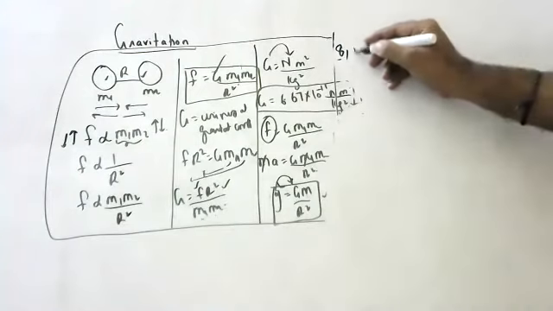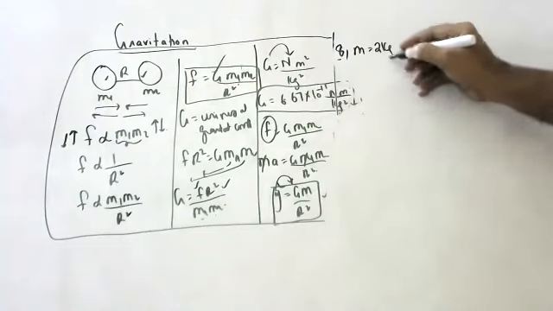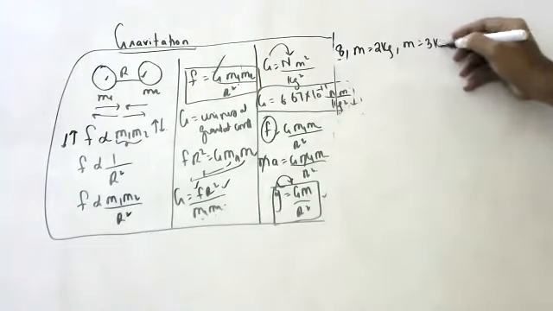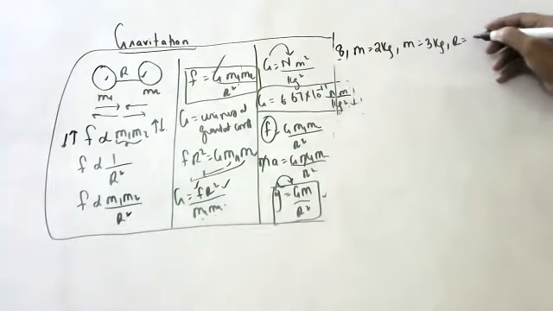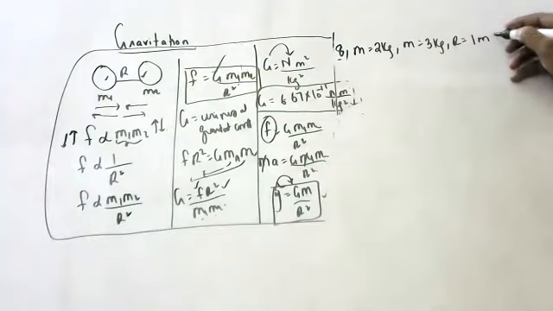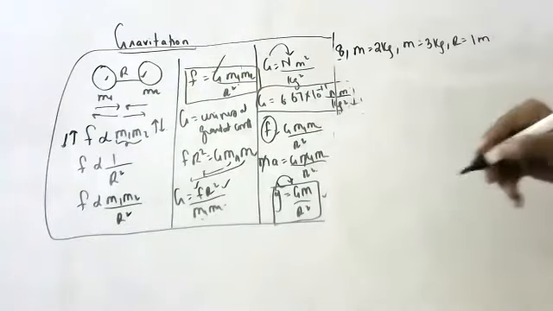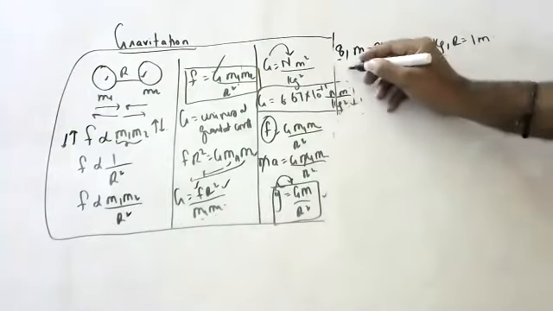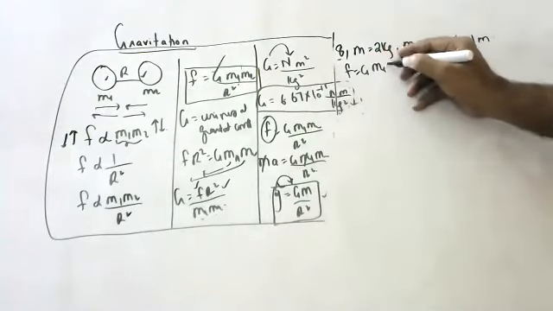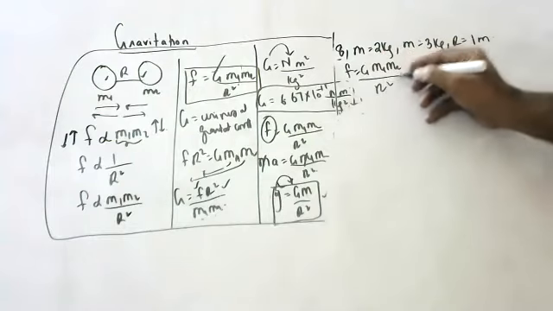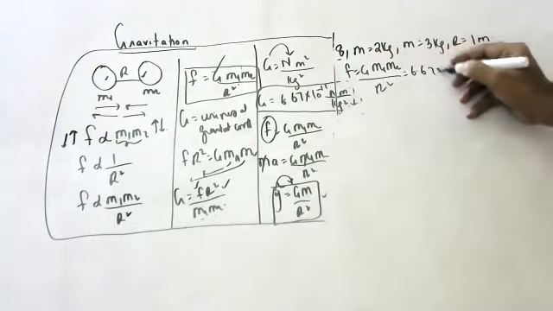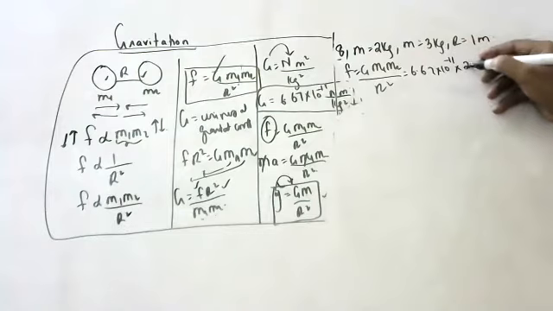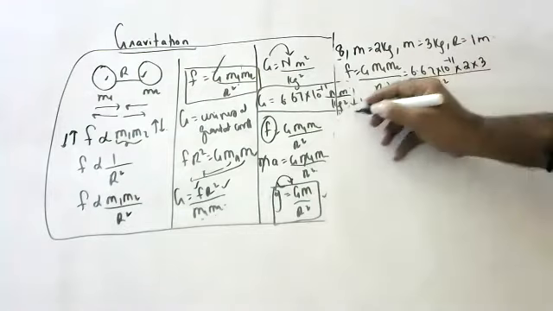Sanchita. Hansika, tell now. F is equals to G M1 M2 by R square, 6.67 into 10 to the power minus 11 into 2 into 3 by 1 into 1 square.